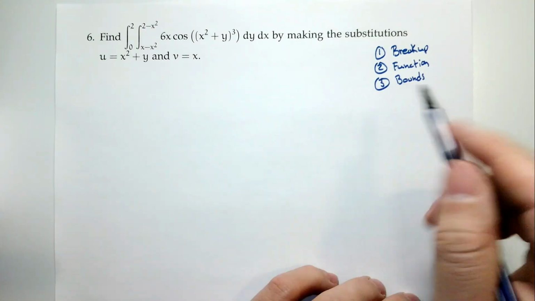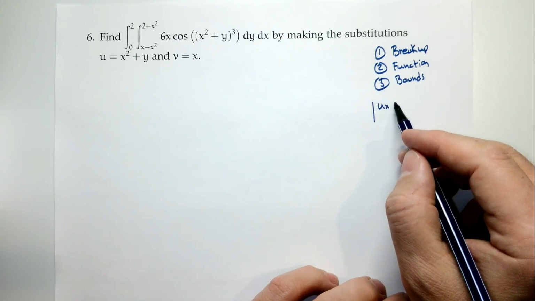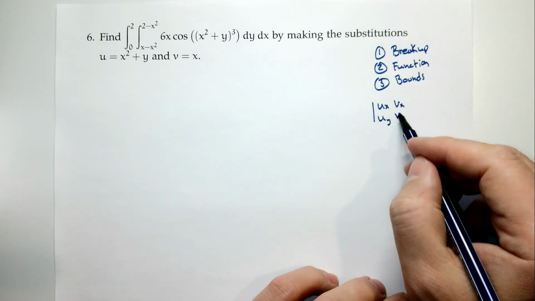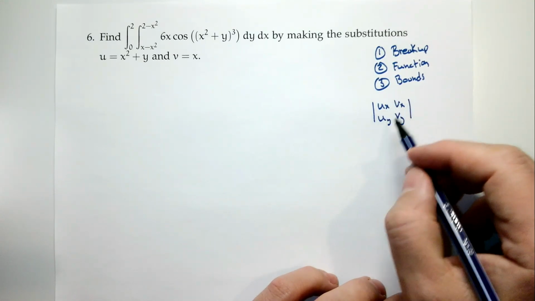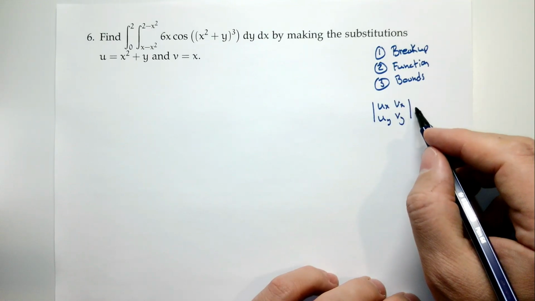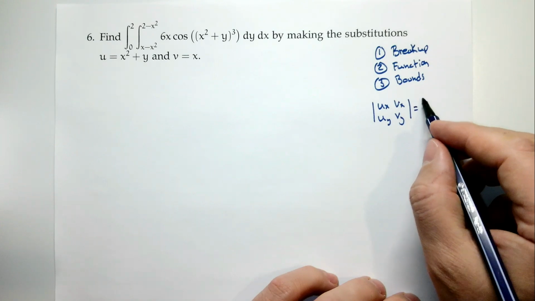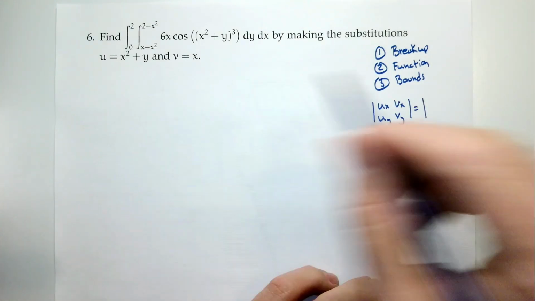So, the breaking up. Well, we have our substitution. So we're going to take our u sub x and our v sub x and our u sub y and our v sub y. And again, you can get away with a lot of forgetting the right order of things. It's a very forgiving system. So what does that turn out to be? U sub x, well, 2x.